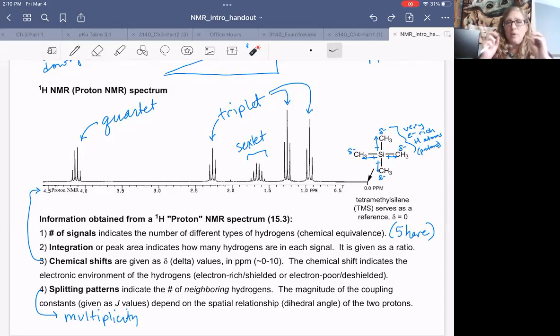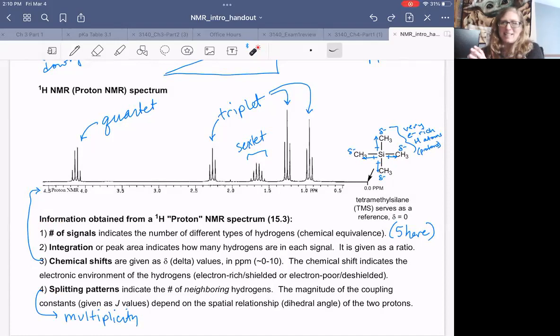Anyway, we're going to step by step slowly explore each of these 4 areas so we understand the theory behind them. Then the important part is we're going to apply them. First, how can we predict a spectrum from a given compound, knowing what the spectrum would look like?